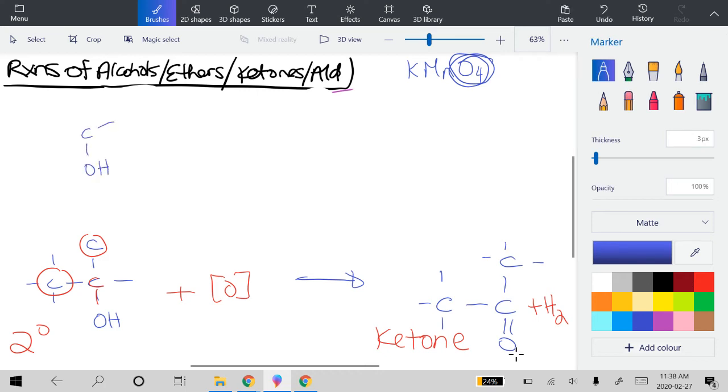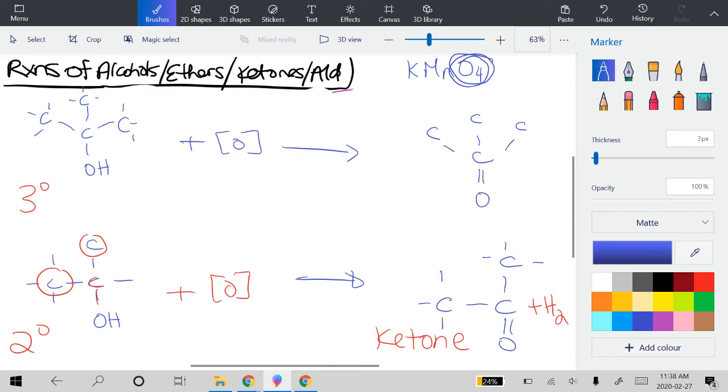The carbon that has the OH bonded to it has to be bonded to 3 other carbons to make it a tertiary alcohol. And when I oxidize that, this is what I would hope to get, a double bond O again. But if I look at that carbon, it has 1, 2, 3, 4, 5 bonds around it, so that'll never happen. Carbon only wants to have 4 bonds around it, and that's why this one is just no reaction.